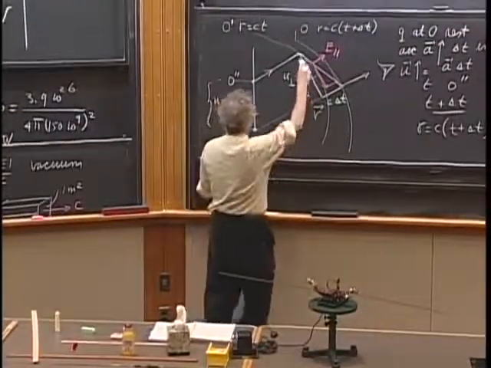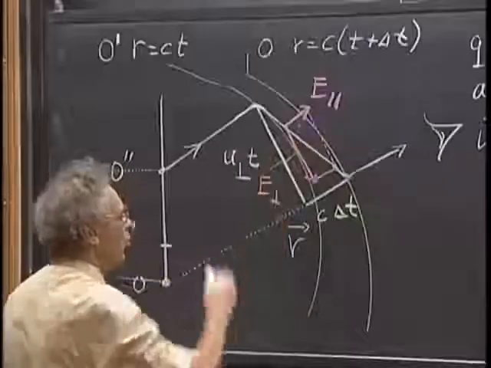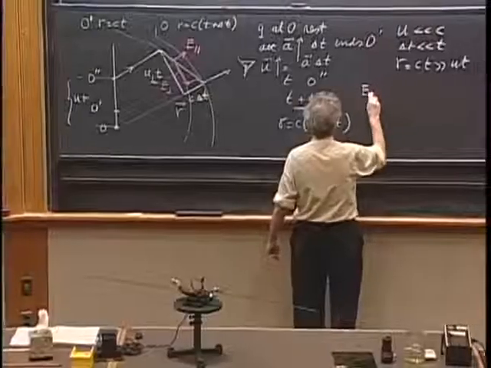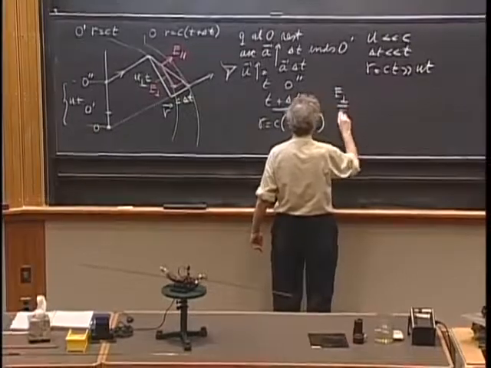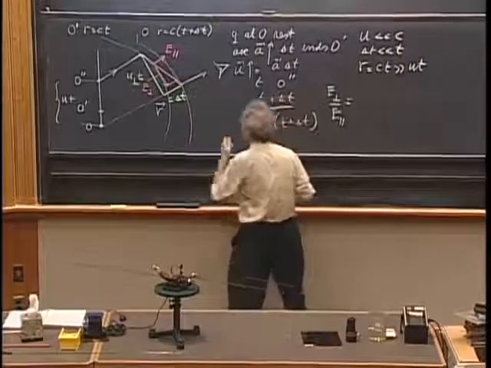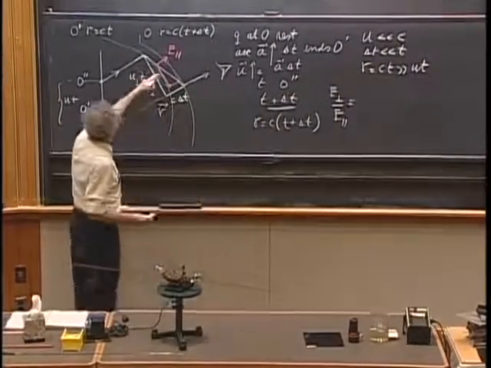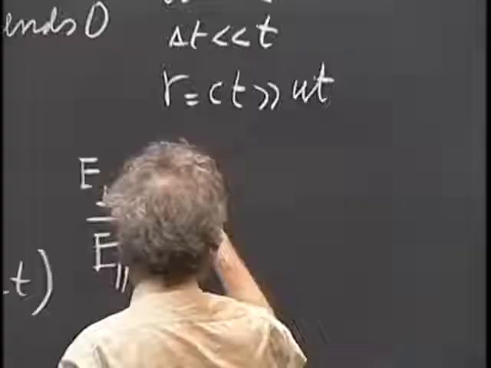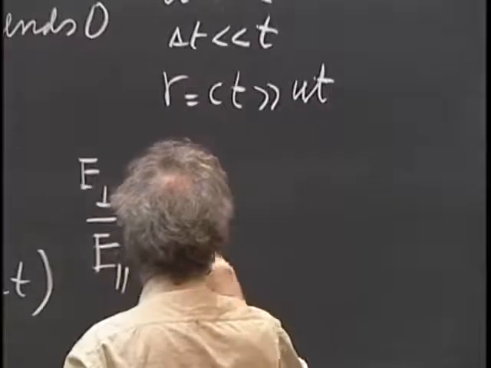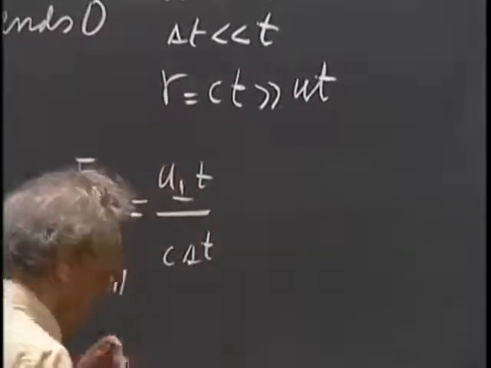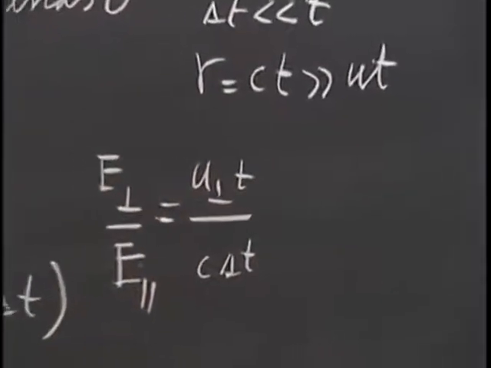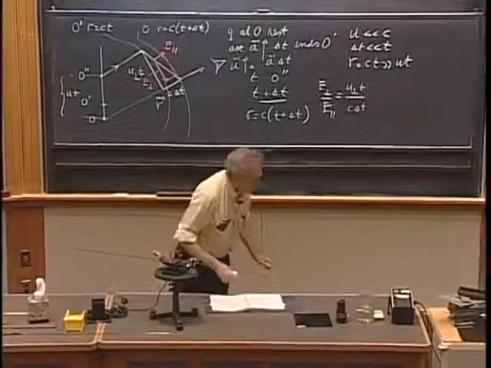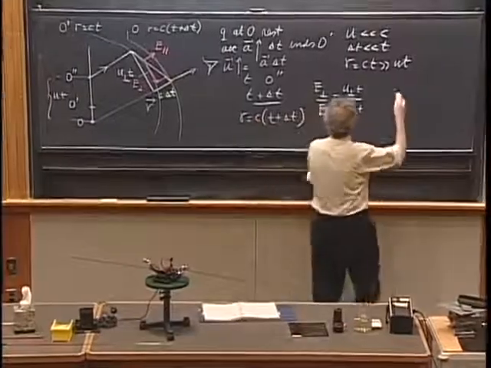Well, if you look at the fact that this triangle is congruent with this one, then you see that E perpendicular divided by E parallel must be u perpendicular t divided by c delta t. But u perpendicular t, we know that u is a t.